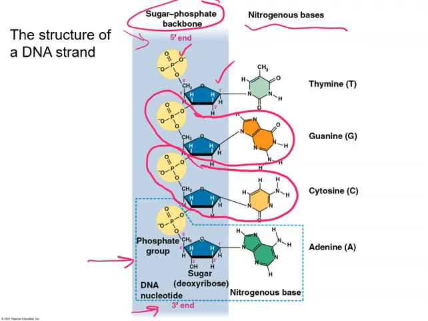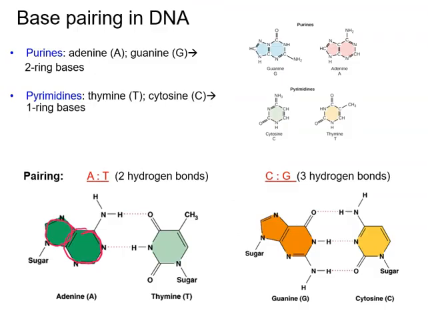So now how do we build the second strand? What do we have to do? We have to apply base pairing rules. We mentioned before that we have 4 different bases: adenine, thymine, guanine, and cytosine. Adenine and guanine are called purines, and they have 2 rings. Notice right here, this is my adenine.